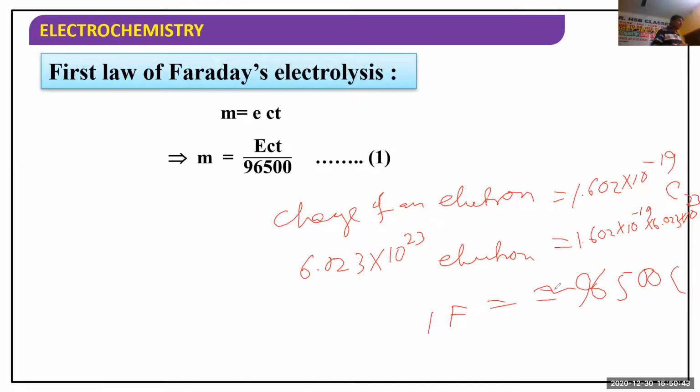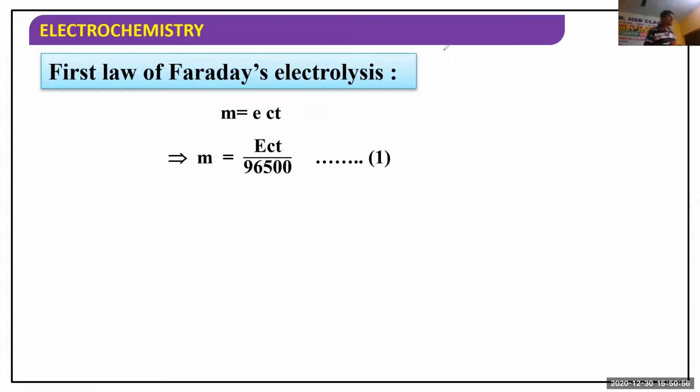So 96500 coulomb is actually 1 Faraday, which is the charge of 1 mole of electrons.